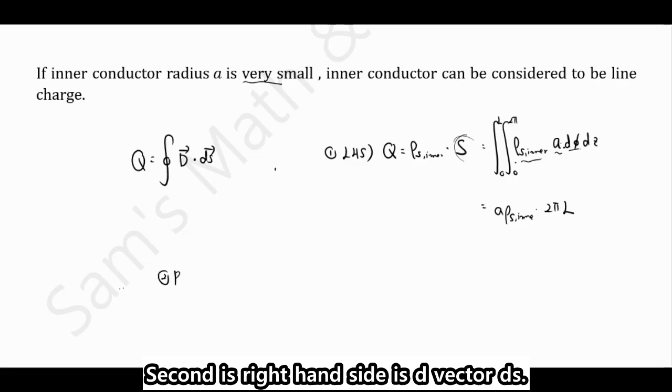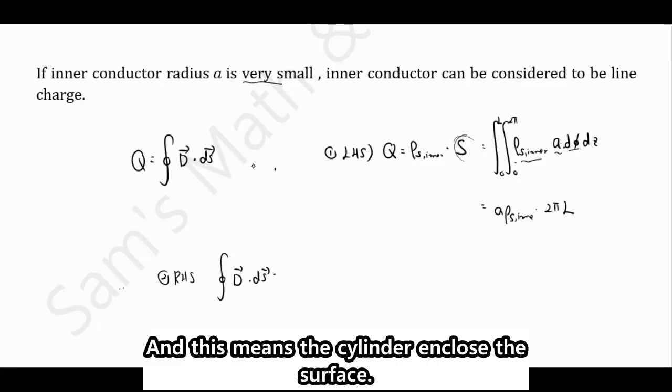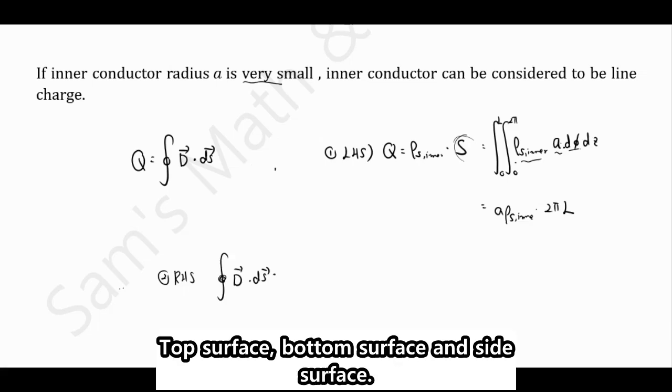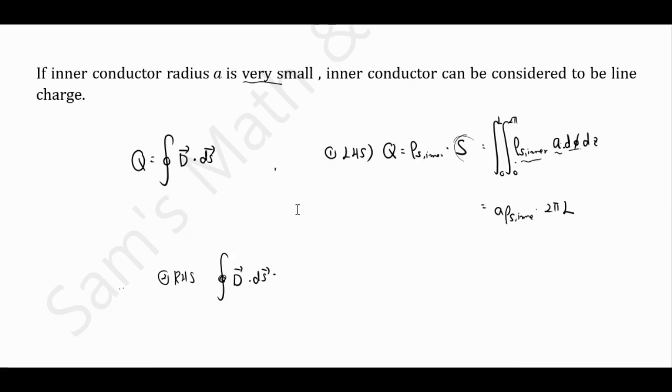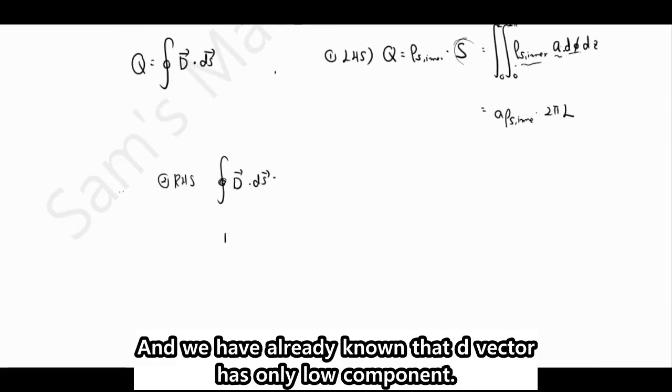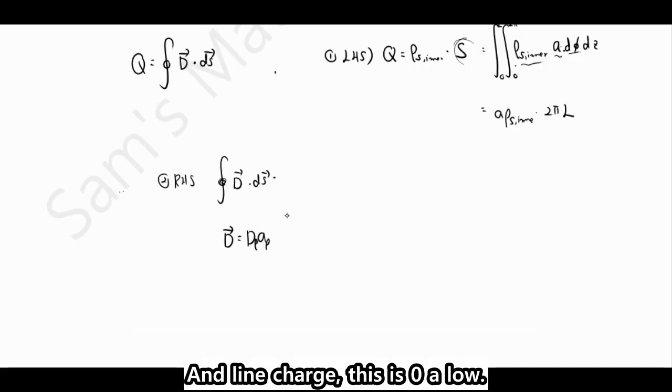Second, the right-hand side is the integral of D vector dot dS vector, and this means the cylinder encloses the surfaces: top surface, bottom surface, and side surface. We have already known the D vector has only a rho component for a line charge.